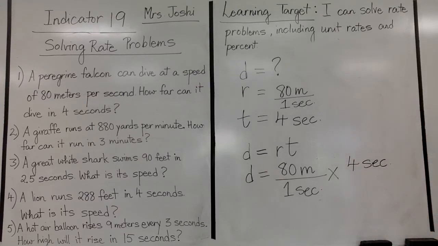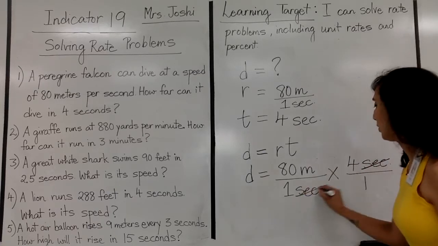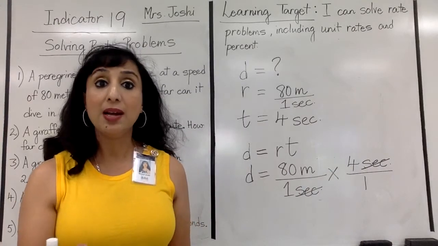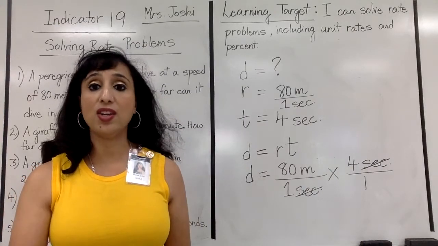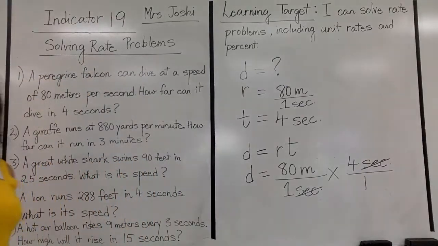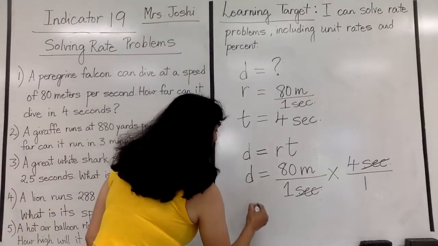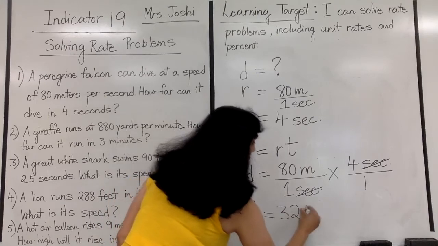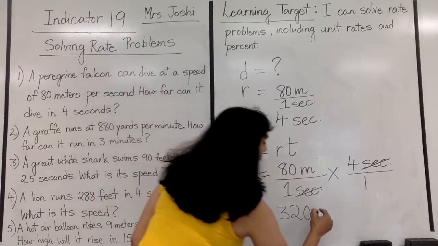Because this is like a fraction and we have done fractions in the past, I can put the 4 over 1 because it is a whole number, and then cancel out the seconds with the seconds. Remember, anything from the numerator to the denominator which is the same can be simplified first. So I'm left with 80 times 4, and 80 times 4 gives me the distance of 320, and what is the unit left?